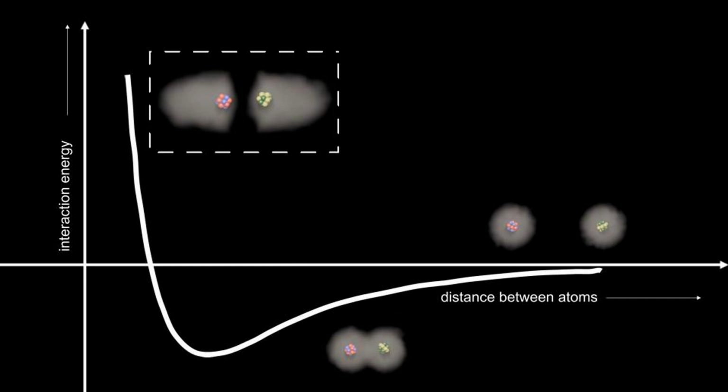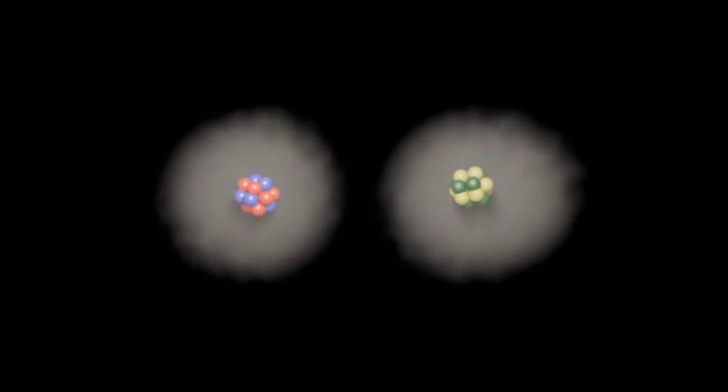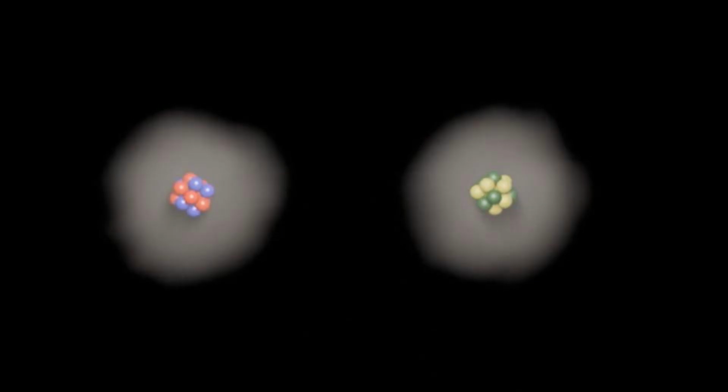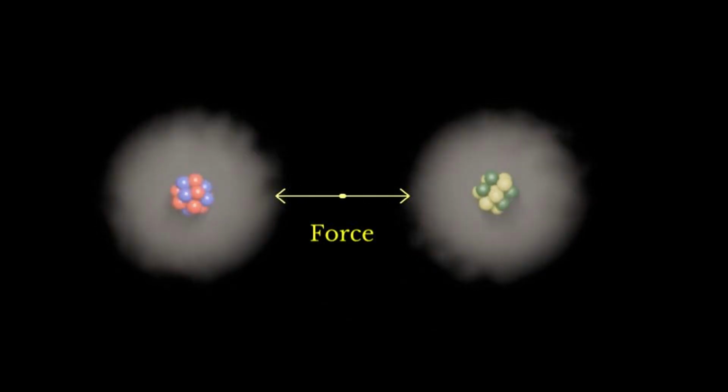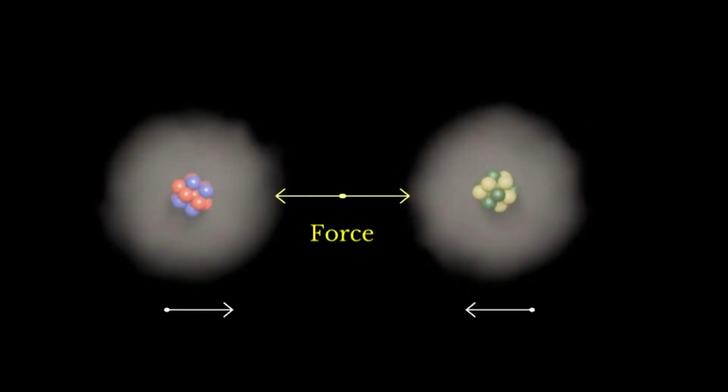This can be achieved by increasing the distance between the atoms. This is achieved by the application of force, and this force will be opposite to the movement of atoms towards each other. The force is nothing but the repulsive force that pushes the atoms apart.